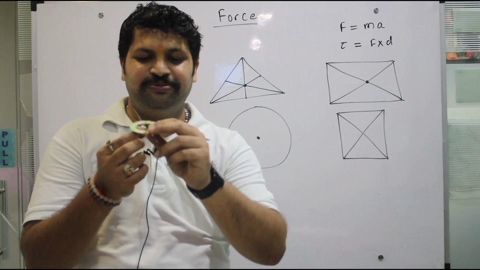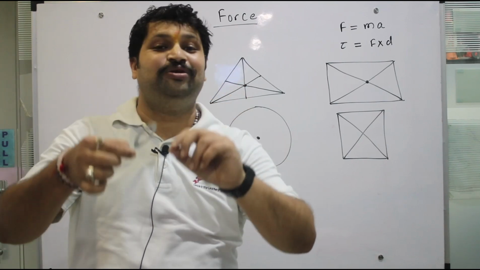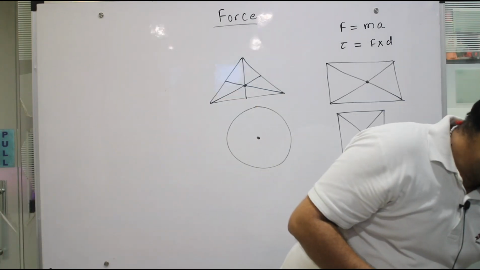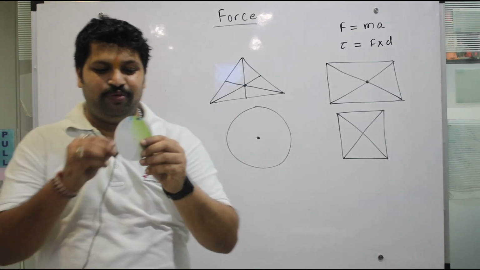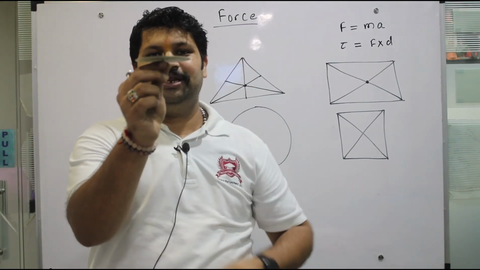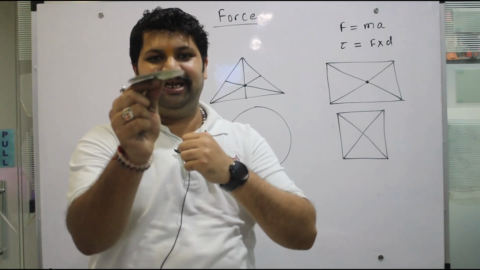I've made an arrangement for it so that I can actually twist it. However, if it's a solid circle like this, then the center of mass would be at the center. So you can see that I can easily balance it at the center, and I can turn it very easily.